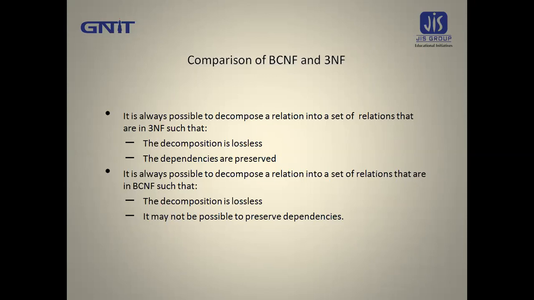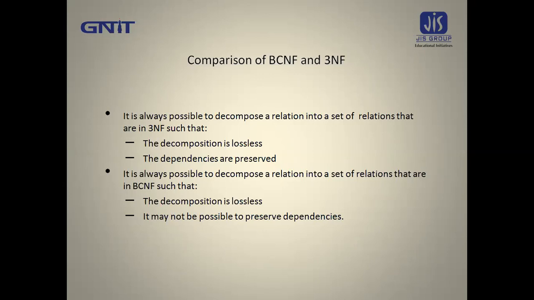Now here is a comparison between BCNF and 3NF. It is always possible to decompose a relation into a set of relations that are in 3NF such that the decomposition is lossless, the dependencies are preserved.